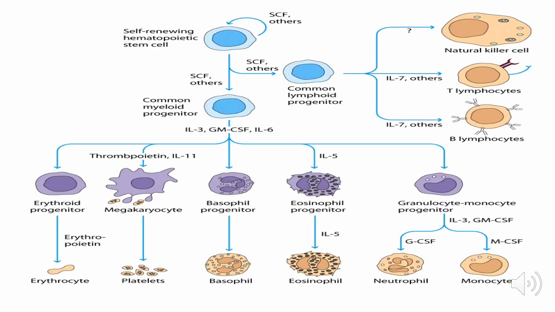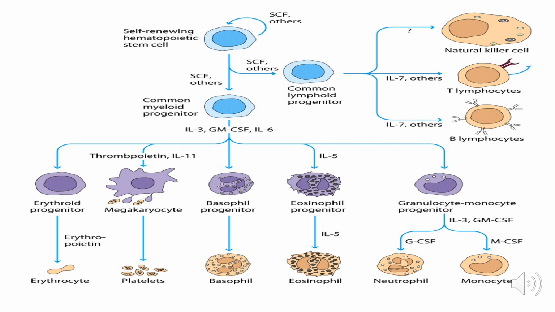Take a look at this picture. You have here a hematopoietic stem cell. Later on, this hematopoietic stem cell will commit to form the cells of the myeloid lineage and the cells of the lymphoid lineage. For it to commit to form the cells of the lymphoid lineage, this hematopoietic stem cell will be acted upon by interleukin 7. So this cell must have a receptor to interleukin 7.